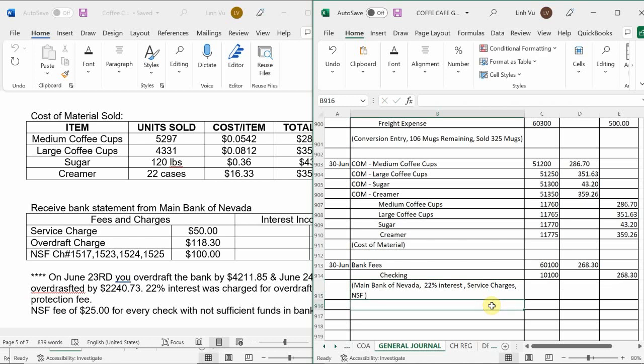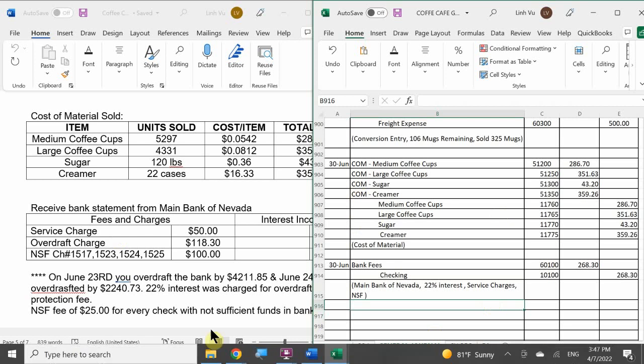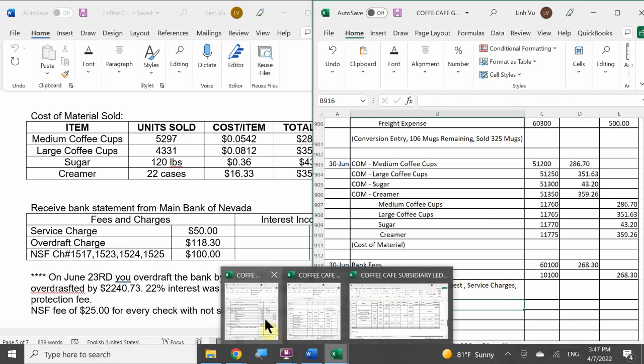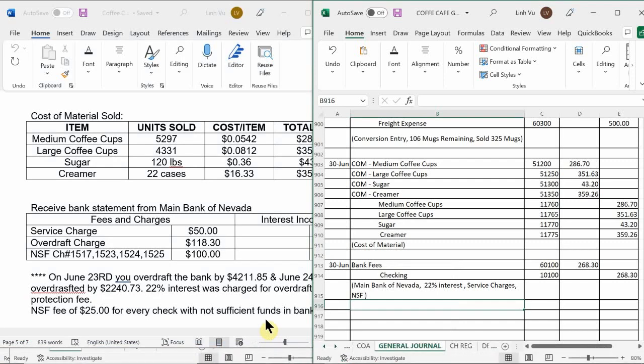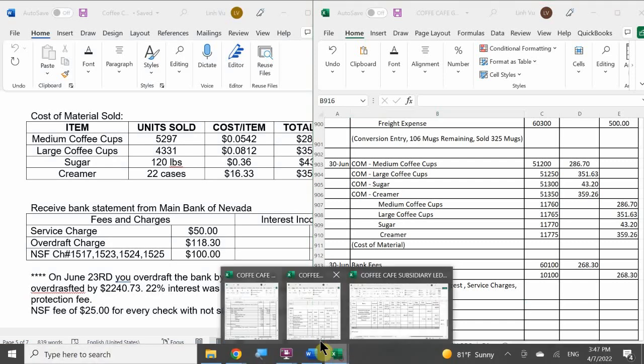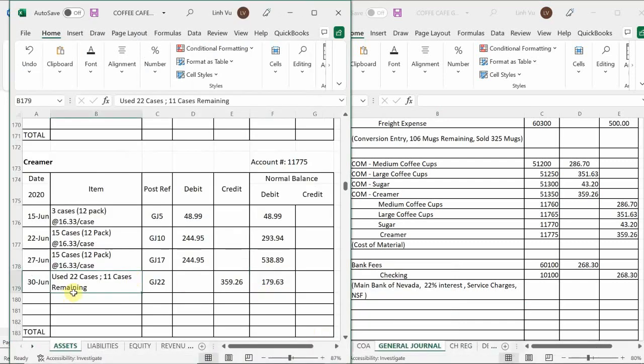So, what's next? The ledger, right? You got to update your checking account because here you got a lot of things taken out from your checking account. Okay.